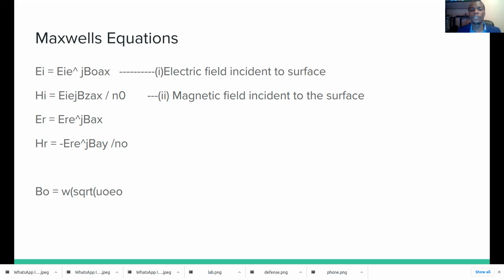It's basically telling you that the incident electric field has an x component, it's a vector, so it has an x component. When we look at all this, you can derive them.